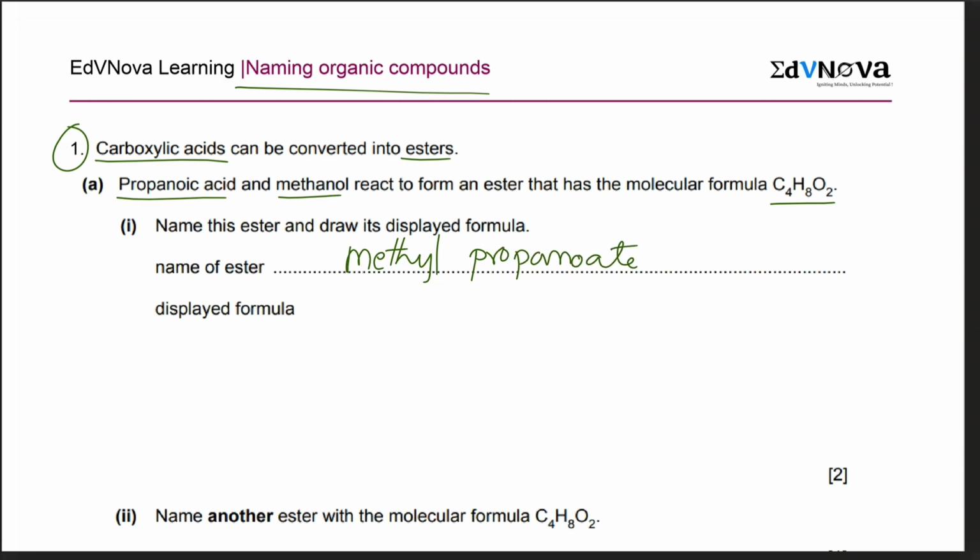Okay, and the displayed formula will be this. This is the displayed formula of methyl propanoate. Clear? Always remember, guys, whenever you are drawing any displayed formula, make sure every carbon has 4 bonds. Okay?